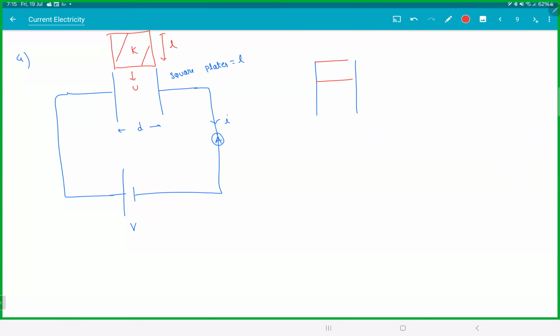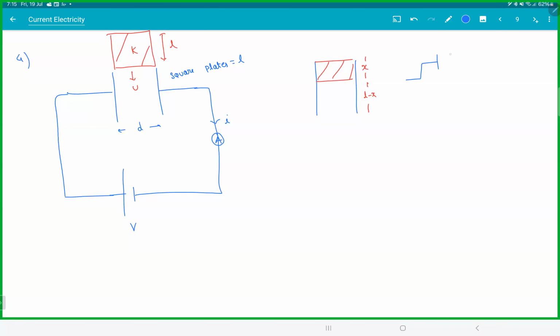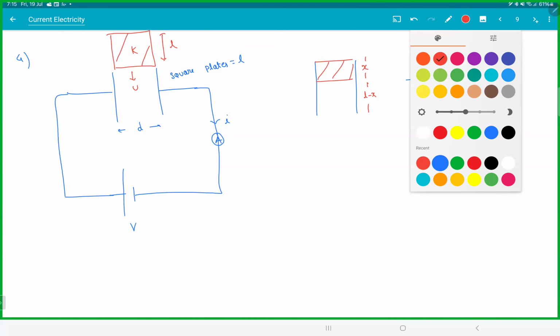So this part is filled with the dielectric, so this was X and this was L minus X. Both of them are in parallel. This is the force on a dielectric formula, but that is not what I'm interested in. There's a small trap here.